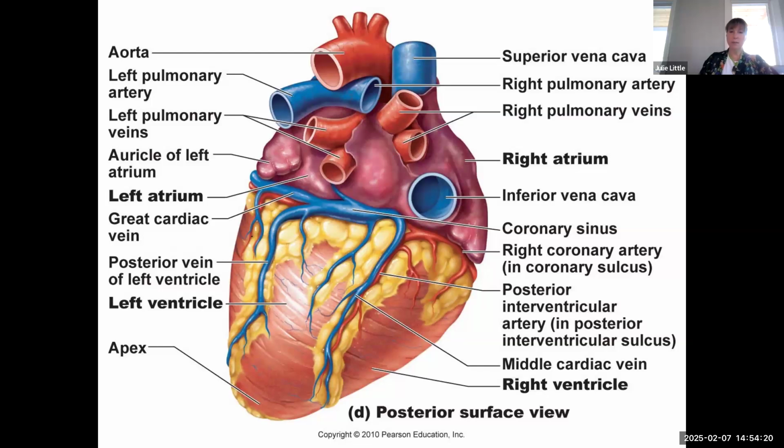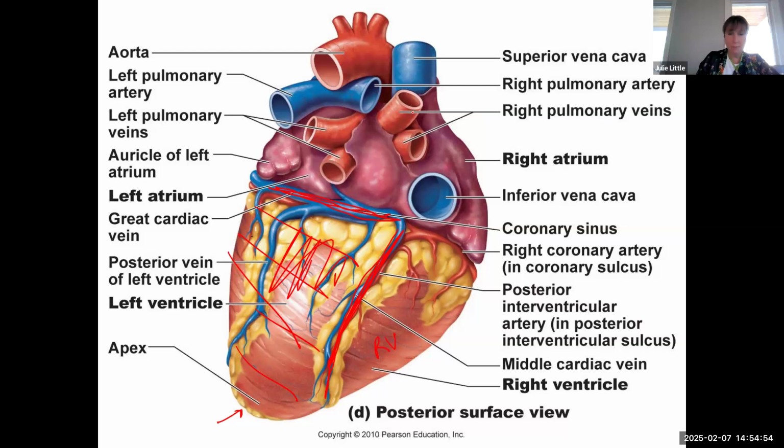Now here's the back. It's the back of the heart. And how do I know which is the left and the right? Well, first of all, this apex means this is the left. And so most of the left side is on the back. So that tells me this is the posterior interventricular artery under this vein. So this is the right ventricle, and all of this from here over is the left ventricle. We can tell the difference between the left ventricle and the left atrium because this coronary sinus separates the left ventricle from the left atrium.